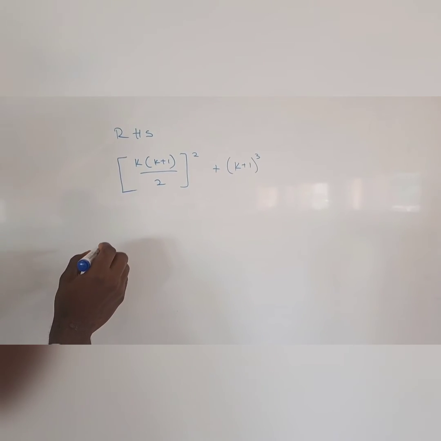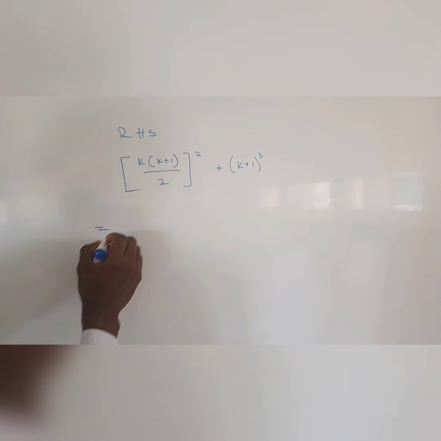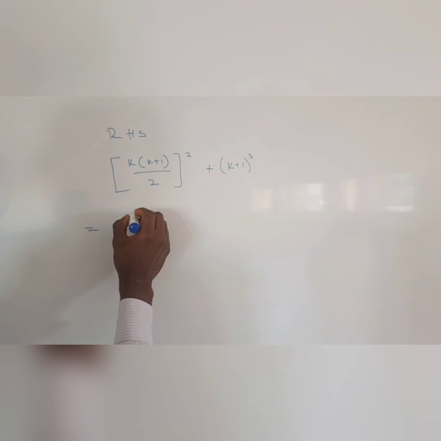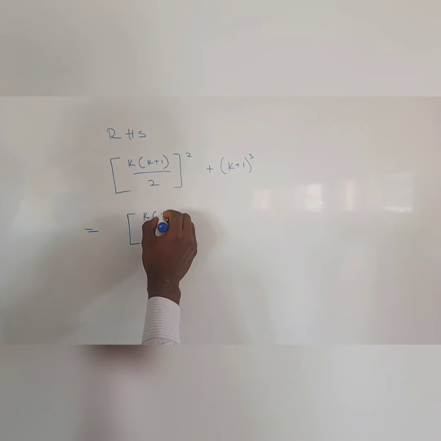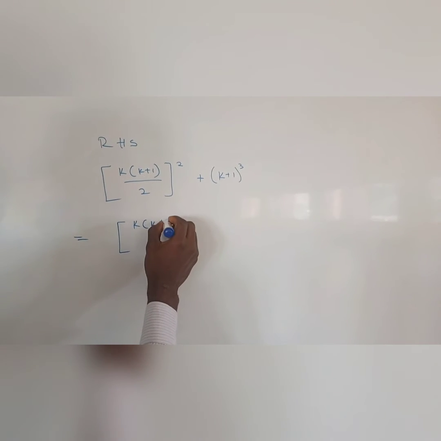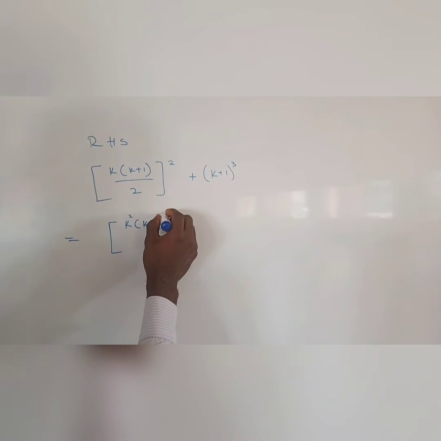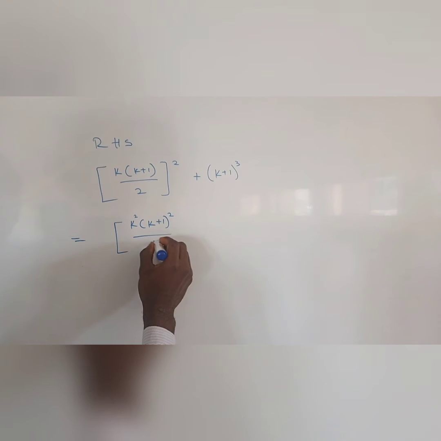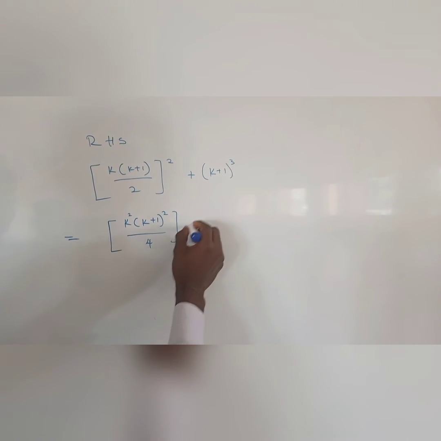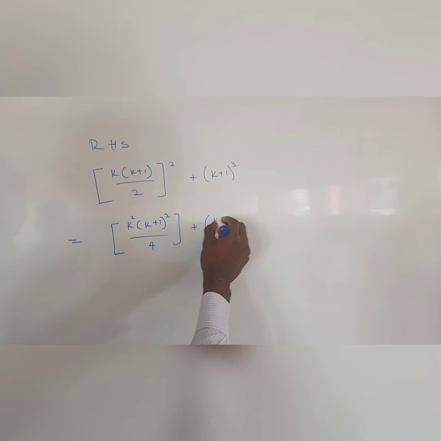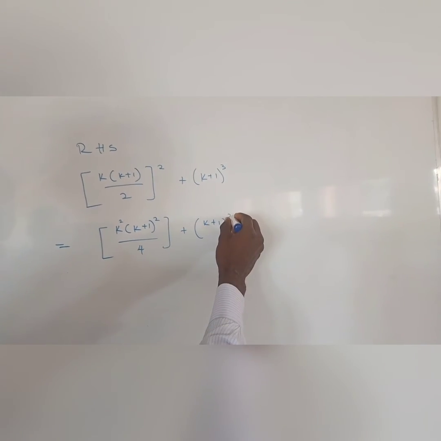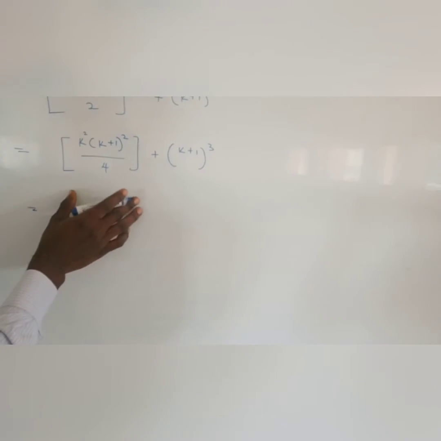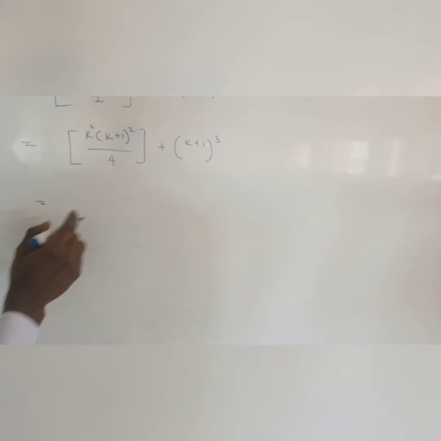Therefore, we're going to have k(k+1) squared all over 4, plus (k plus 1) cubed. So guys, from this point, we're going to factorize.